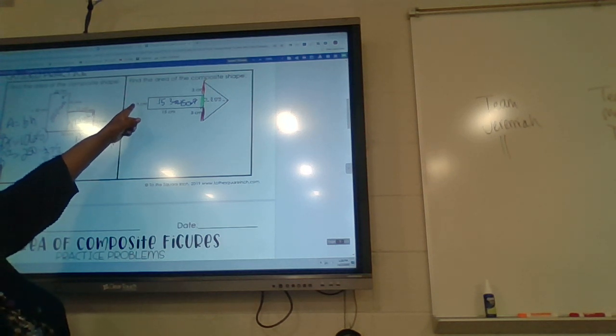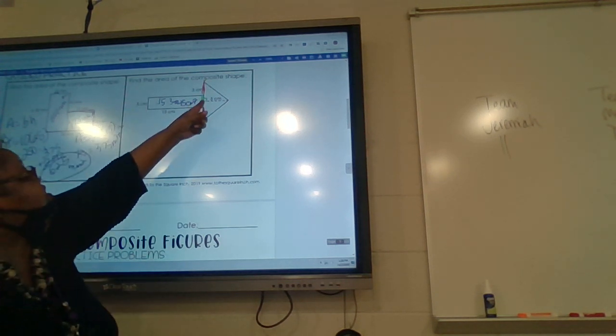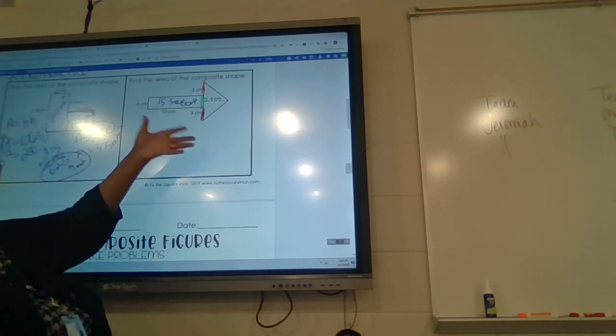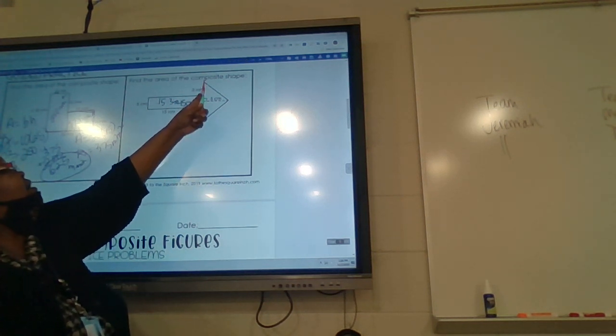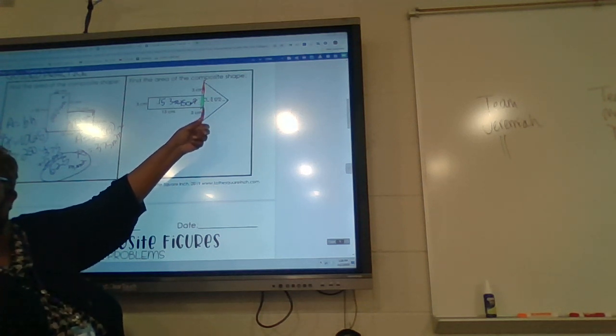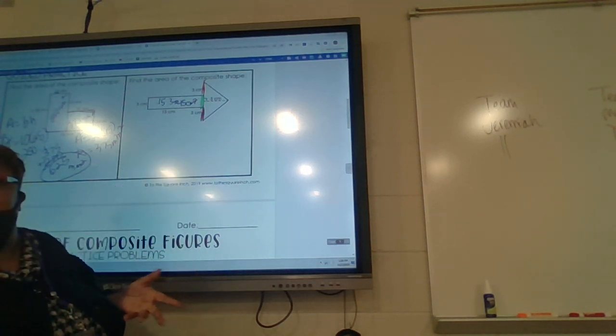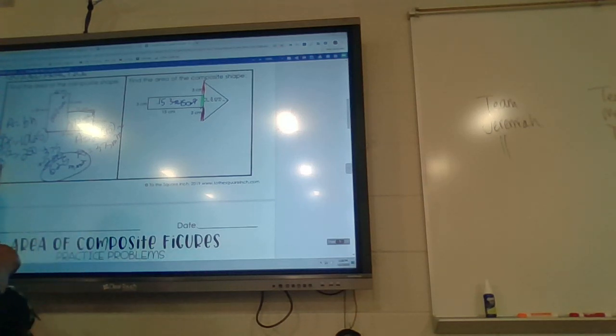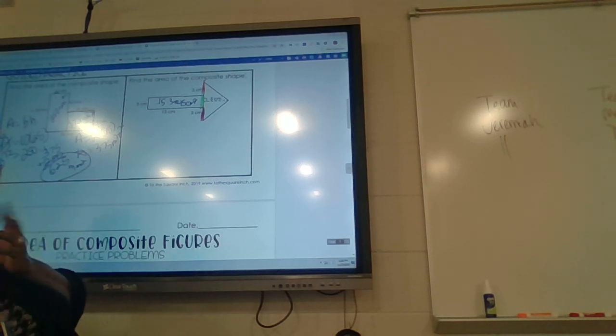Right, because it's a rectangle, so this is 3 centimeters, this is 3 centimeters. So the base of my triangle is actually 3, 3, and 3. So I add them together, and as Gabe said, it's 9.